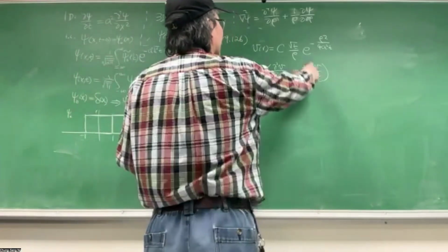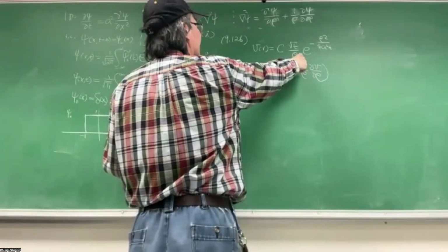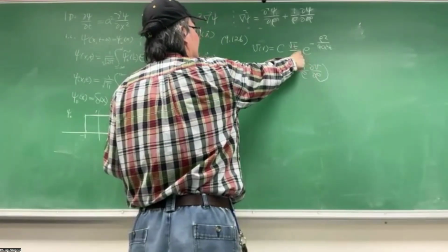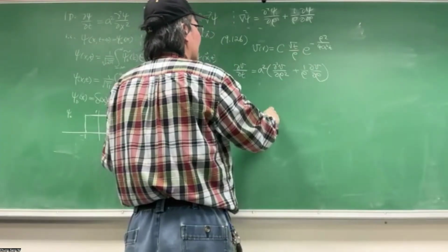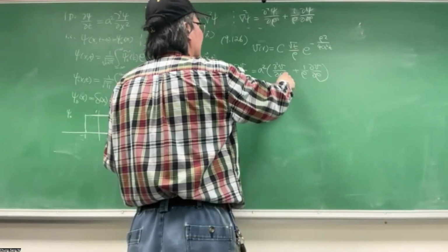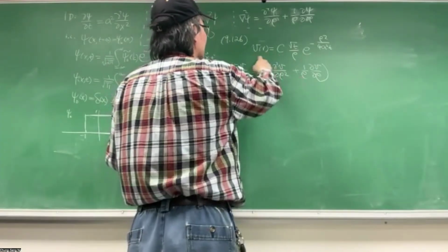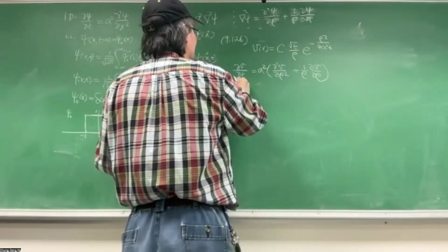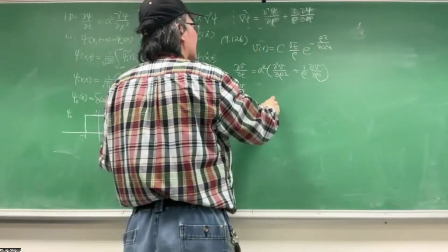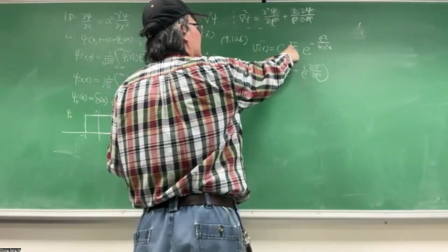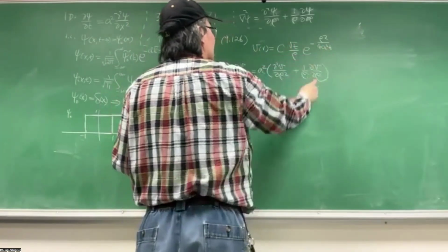And now we can do the same thing. We can see if we can check whether this is a solution of this one. Now we need all these derivatives. For the time derivative, the partial v partial t, using this form, there are two t dependencies, t in here, t in here.